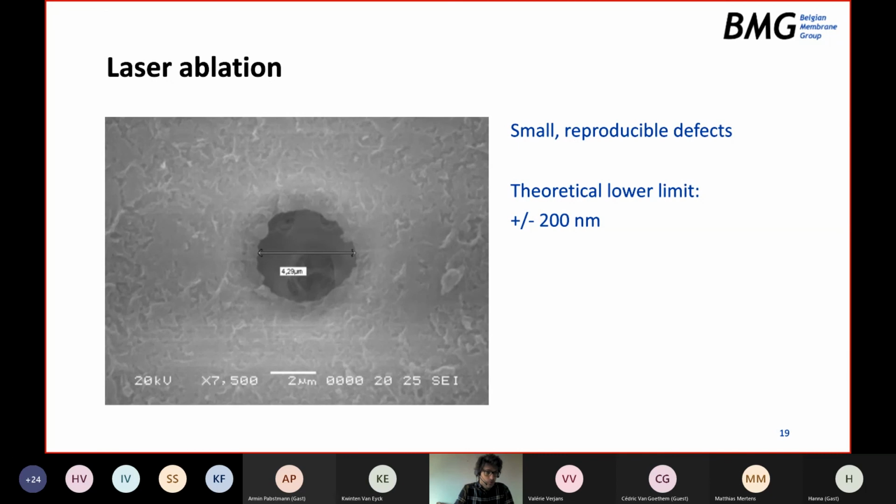We have been able to produce very small and reproducible defects. So the defect that I've shown here is about 4 micron in diameter, but we can go even lower. In theory, we could go down to about 200 nanometers, which is the theoretical lower limit of a deep UV laser.